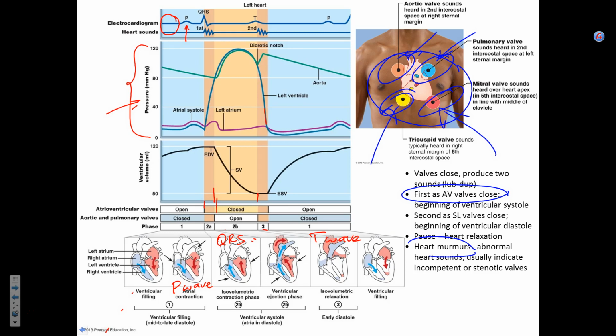Does that make sense to you? During isovolumetric relaxation phase, the amount of blood that is left in the heart is called end systolic volume. So essentially this part is systole, and the blue part is diastole. Are we clear?